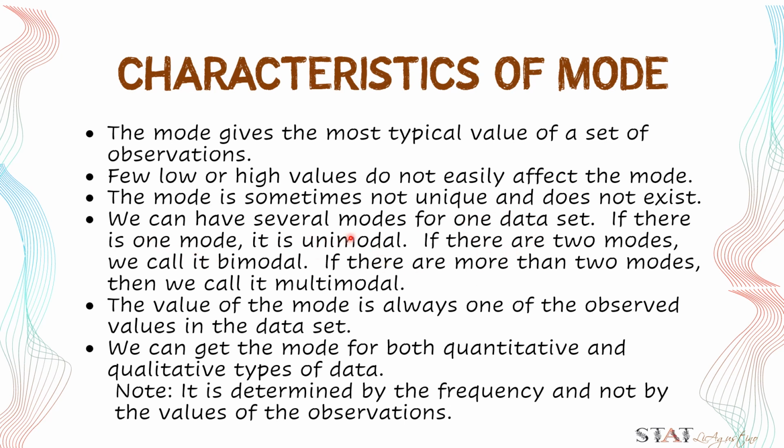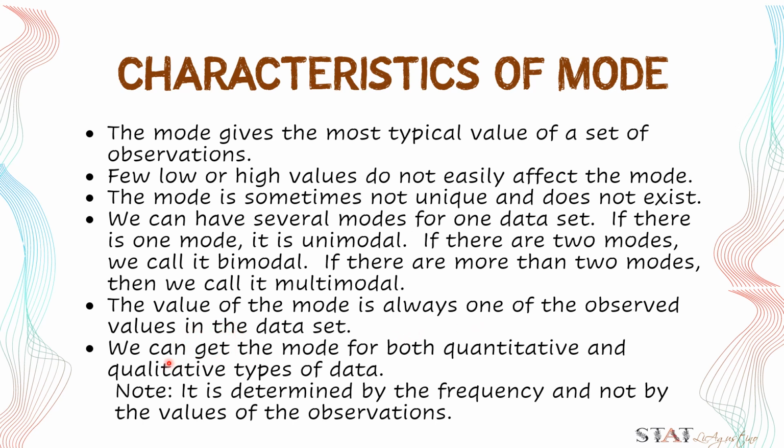And then we can have several modes for one data set. If there is one mode, it is unimodal. If there are two modes, we call it bimodal. If there are more than two modes, we call it multimodal. So the value of the mode is always one of the observed values in the data set.